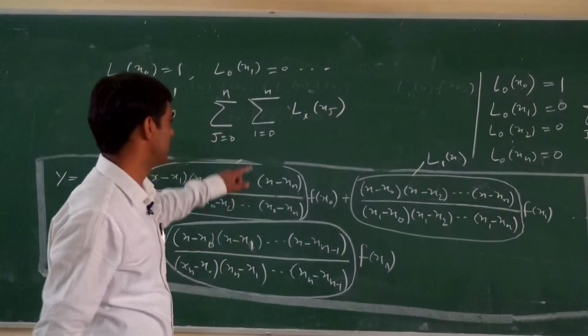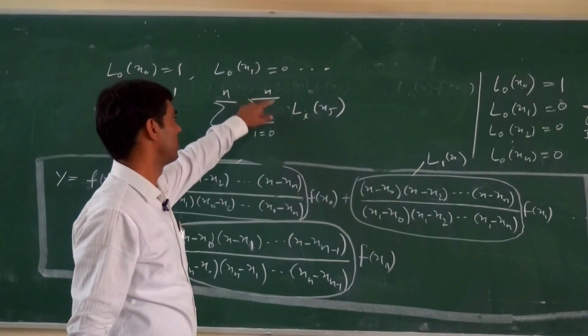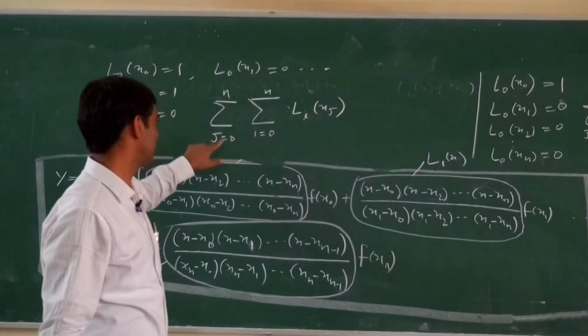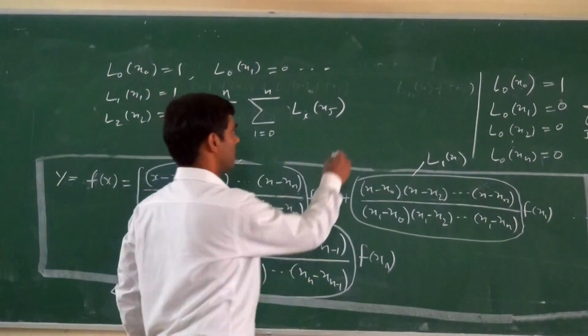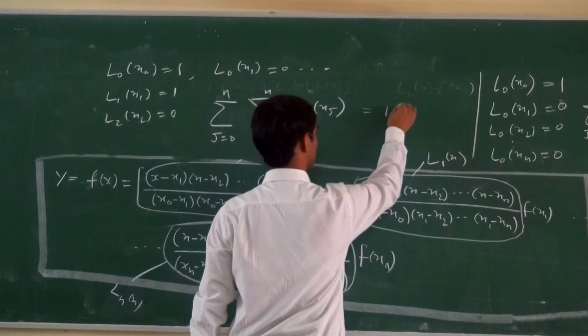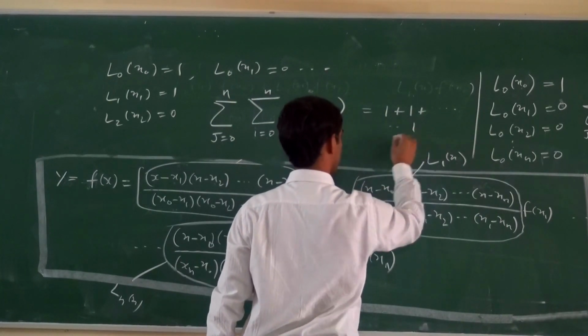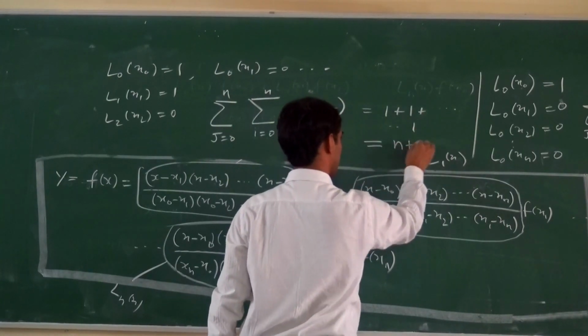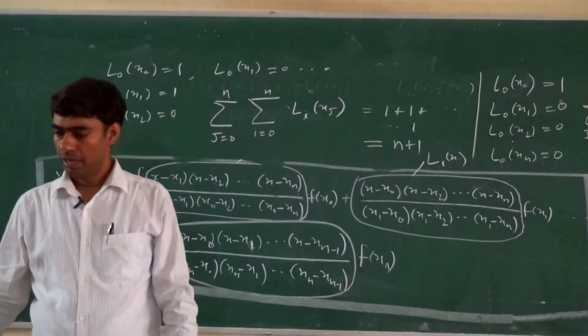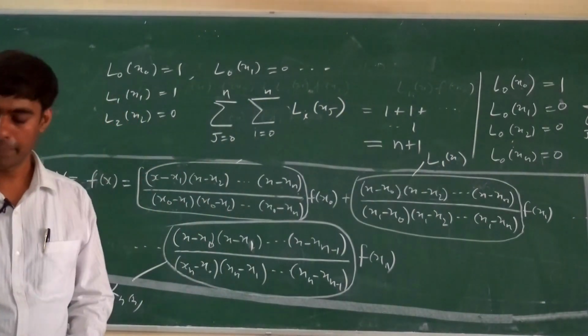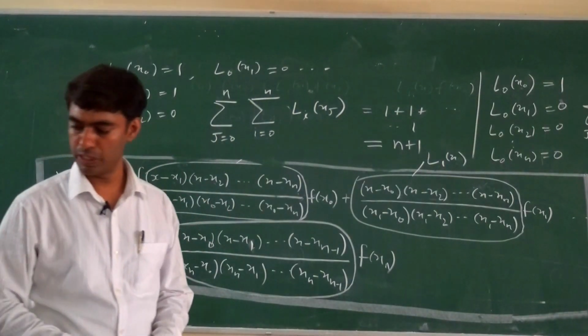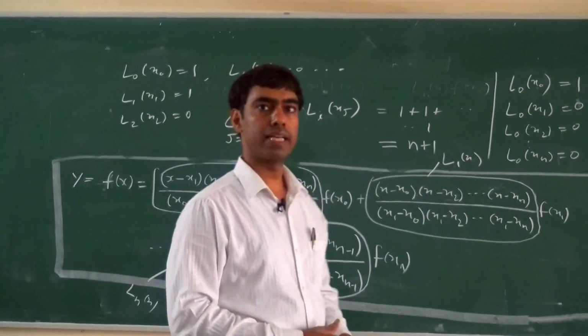If i is 0, L0 xj varies from 0 to n. How many terms does this have? 1 plus 1 plus 1. How many terms? n plus 1 terms. So the sum becomes n plus 1. So this is a property of the Lagrange multiplier.